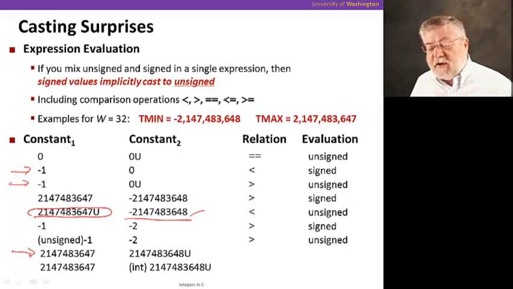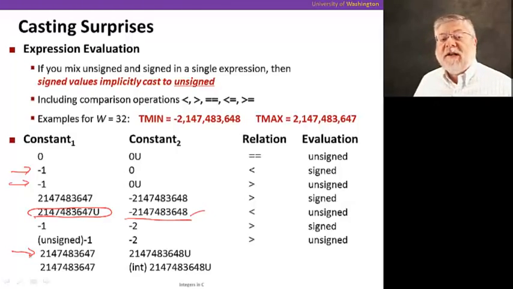Here we have a large positive signed number compared against a large positive unsigned number. What will happen here is that the number on the left will be converted to unsigned as well. It will still be a relatively large positive number and still smaller than the one on the right. So here we would expect less than unsigned.